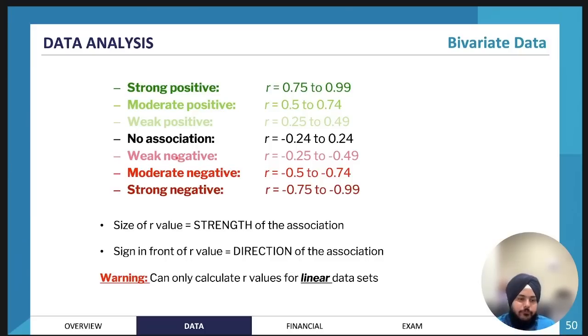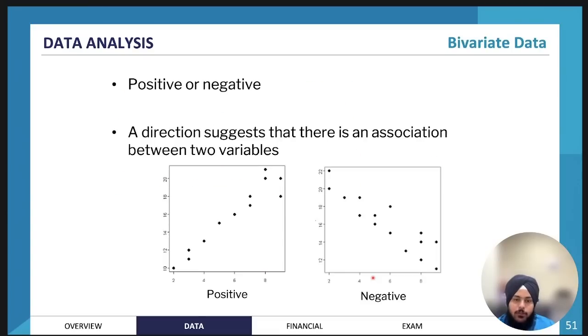So overall, the closer it gets to the extremes, the 1 and the -1, the stronger the relationship, regardless of what direction it is. And the closer it gets to 0, the weaker the association gets, until it becomes no association. Again, we can only use R values for linear data sets, which we'll come back to in a second.